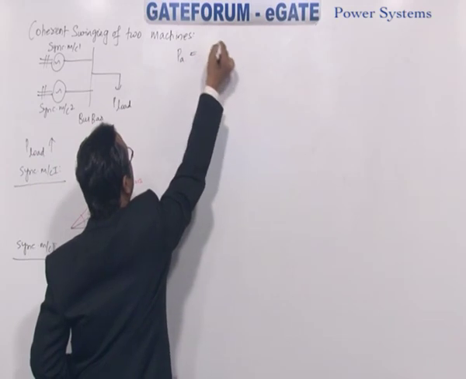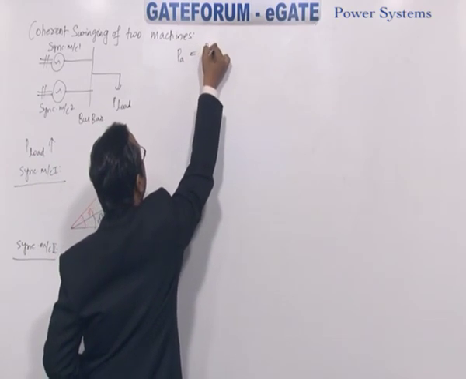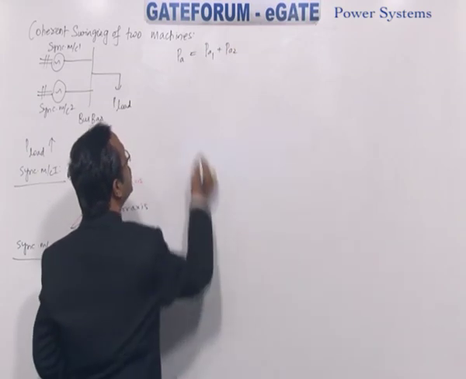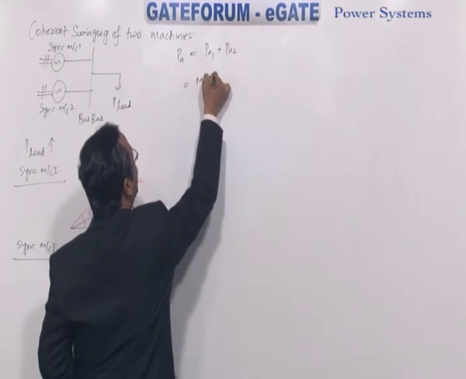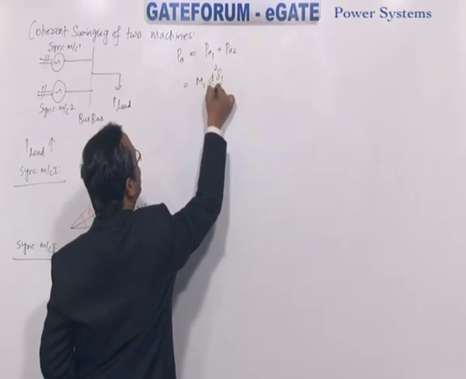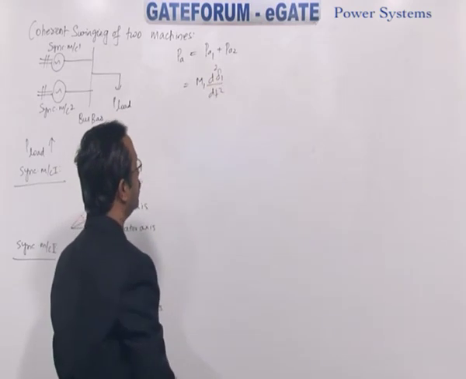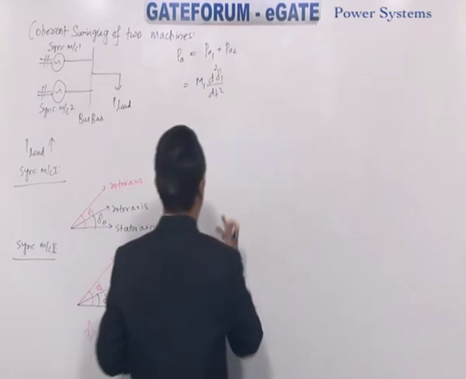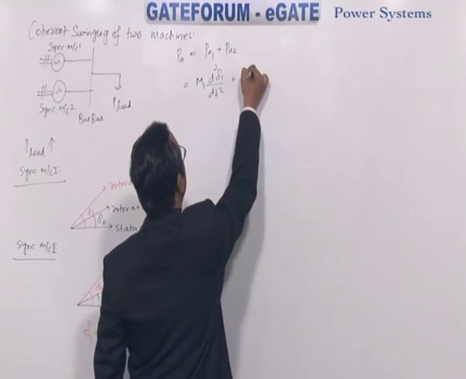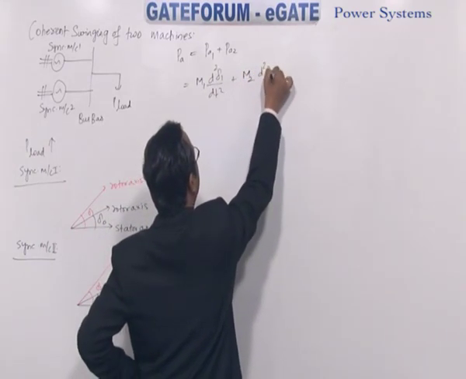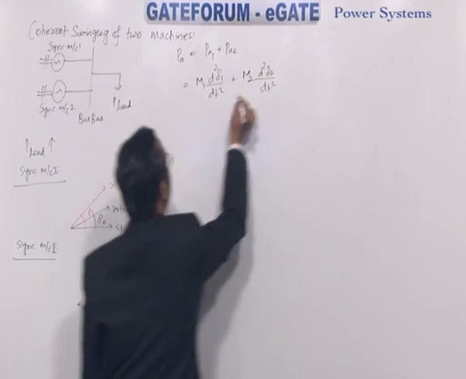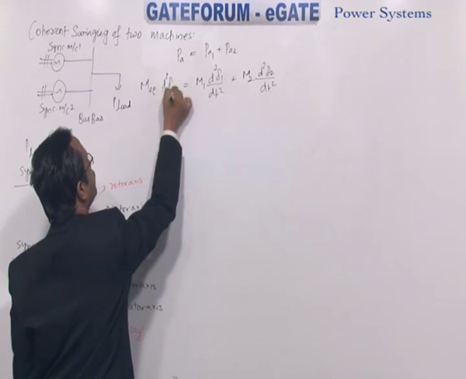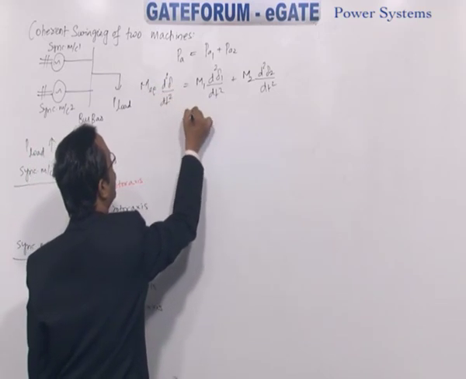You have delta 1 equal to delta 2. So you write PA1 and PA2. PA1 is M1 d square delta 1 by dt square. And further, PA2 is M2 d square delta 2 by dt square. This we write as M equivalent d square delta by dt square.